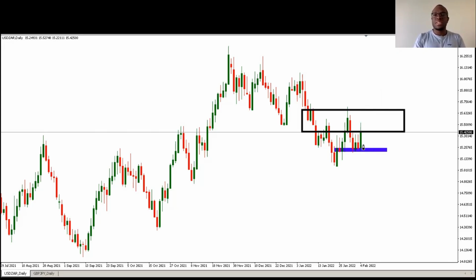Then when it comes to the bearish scenario, we'll be expecting that this bullish move may not be sustained, and then the price is going to be rejected within this area.